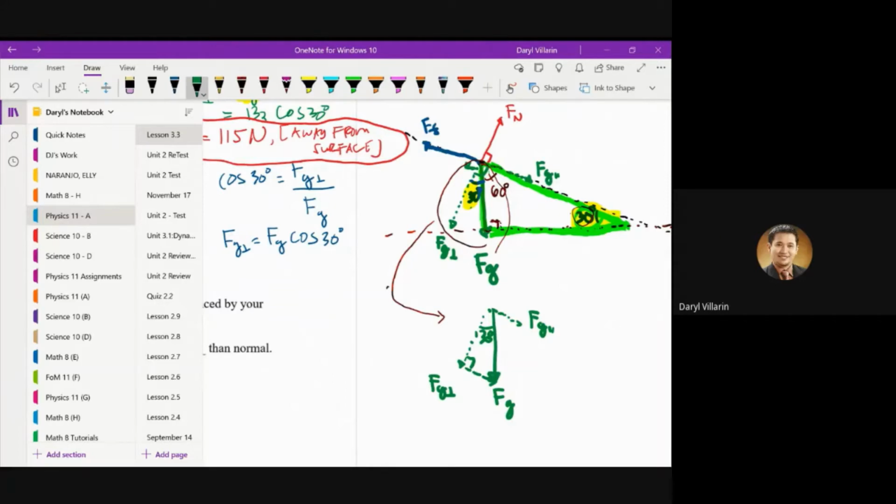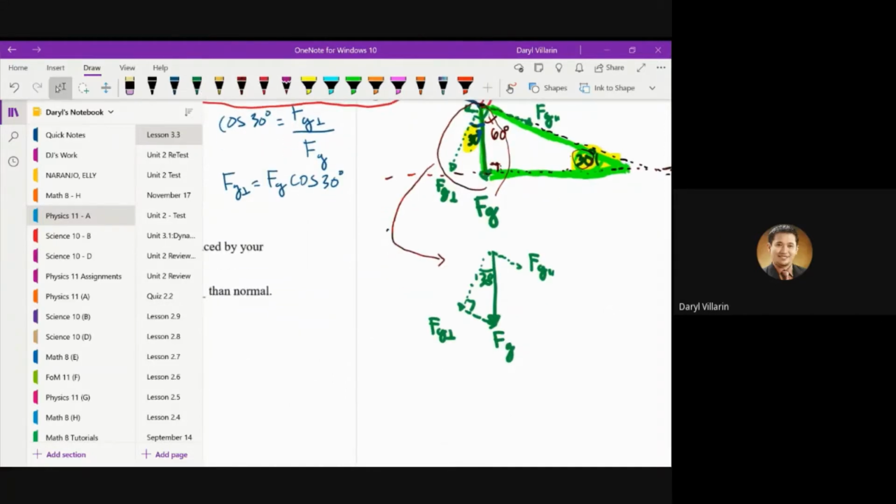So again, your FG perpendicular is the adjacent side. Therefore you have FG perpendicular is equal to FG cosine 30 degrees. And your FG parallel is the opposite of 30 degrees. So therefore that's FG sine of 30 degrees.